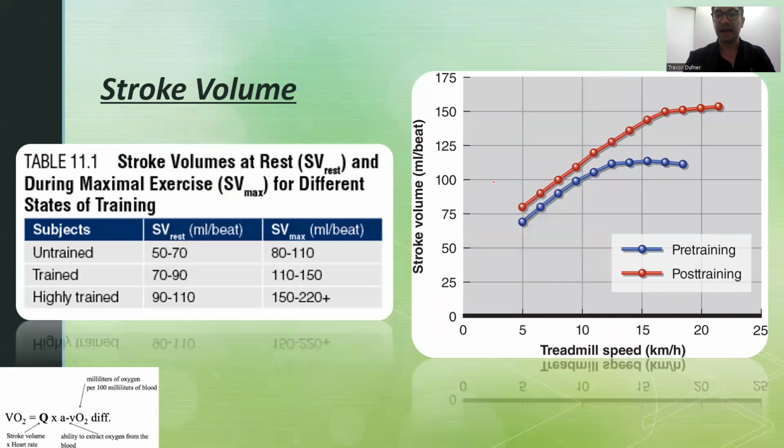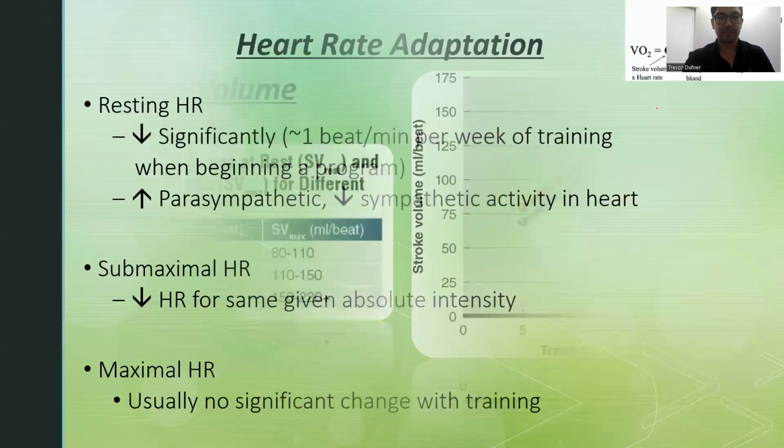And as well as we can see here, at any given treadmill speed at pre-training, we have our pre-training stroke volumes, and then at any given speed, your stroke volume is going to be higher, which means higher cardiac output, as well as if your stroke volume is higher, that means your heart rate does not need to be as high, which means that the vasculature supplying the heart has more time in between each contraction to supply the heart with oxygen, which allows for you to work more efficiently.